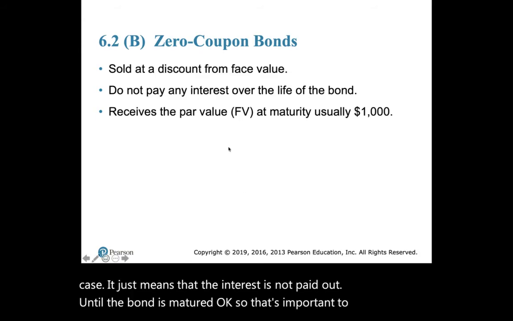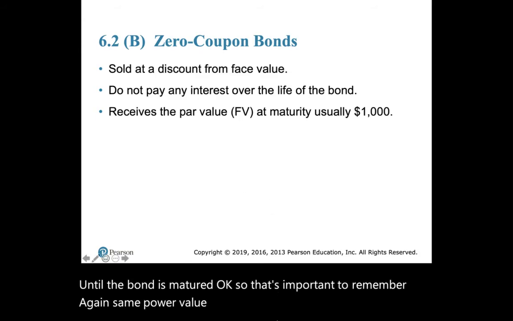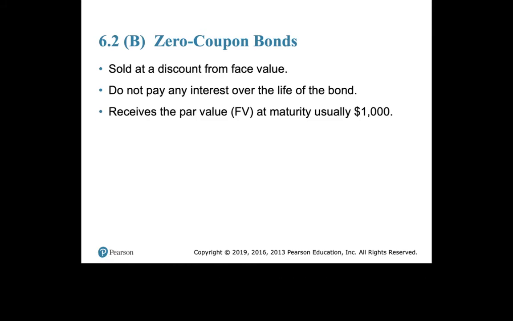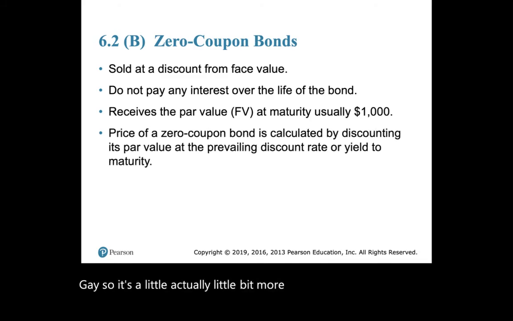Again, same par value, but a little bit different in terms of how we calculate the bond. It's actually a little bit simpler, and you'll see that in an example.